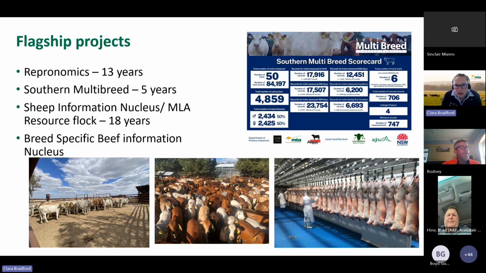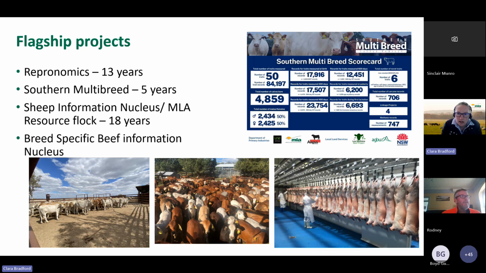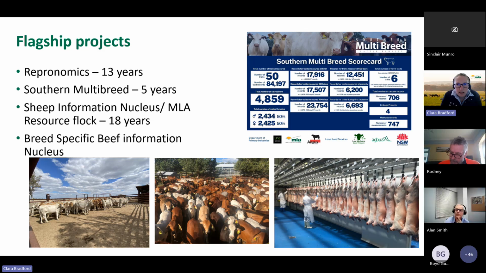And that's of benefit to the producers that are doing that, particularly because the more related you are to the reference, the higher accuracy that you will obtain from using DNA technologies. So it's not just these core projects, although they are quite integral to underpinning our national genetic evaluations, but there's also been a large amount of contribution from industry personnel as well.